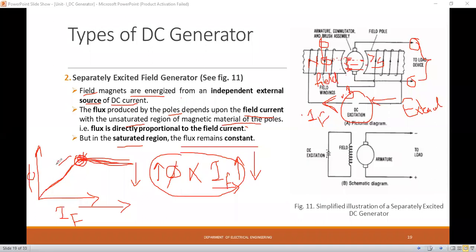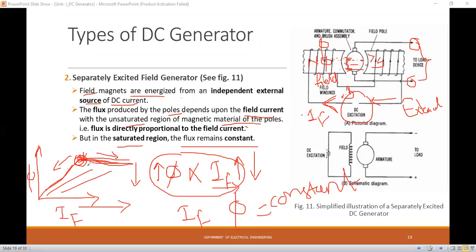This graph is before saturation and this graph is after saturation. After saturation, however much we increase the field current, flux phi will be constant. Before saturation it gives a linear proportion.